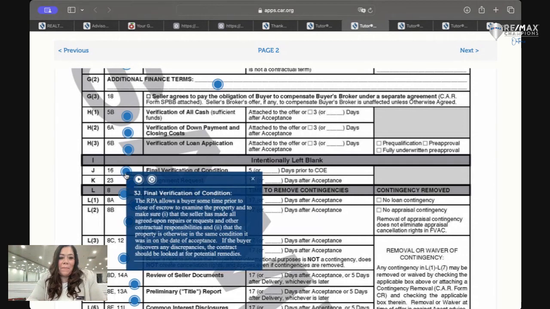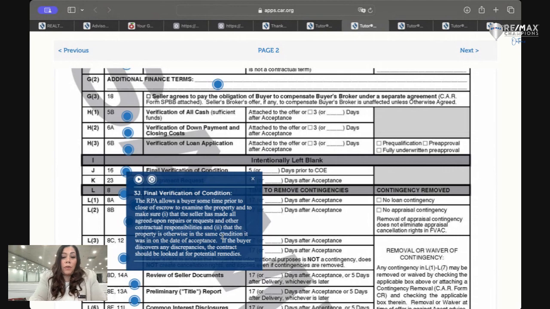So 3J, a final verification of condition. The RPA allows a buyer some time prior to the close of escrow to examine the property and to make sure that the seller has made all agreed upon repairs and requests and other contractual responsibilities, and that the property is otherwise in the same condition it was in on the date of acceptance.